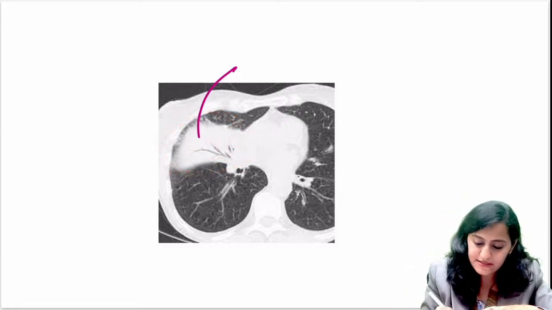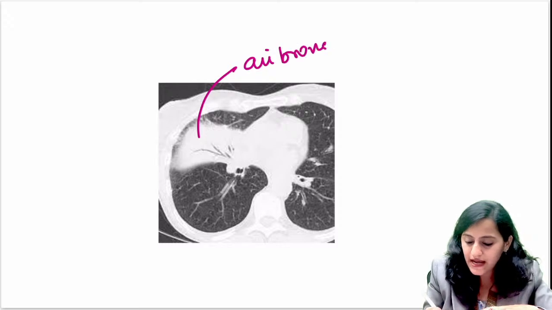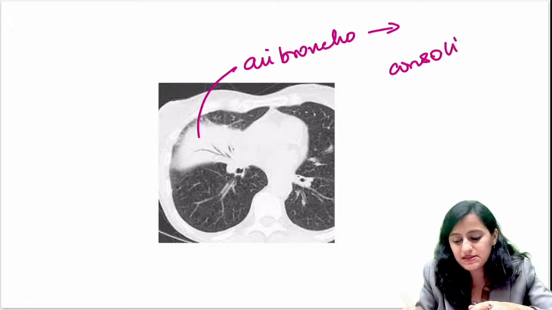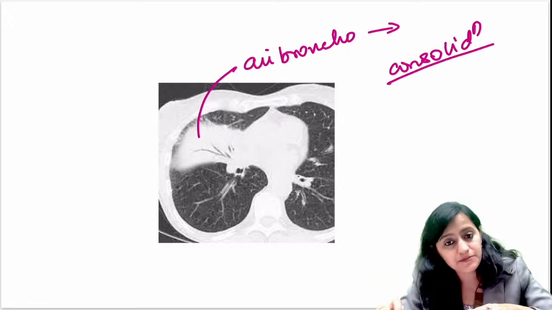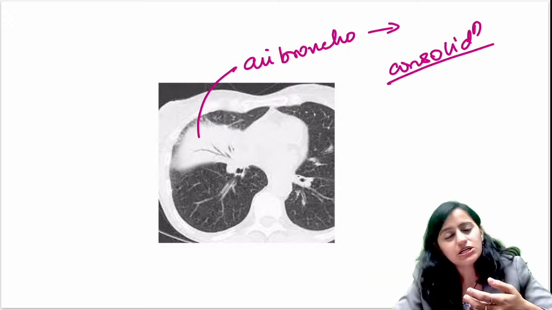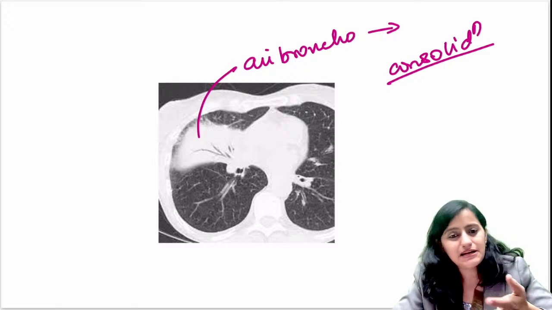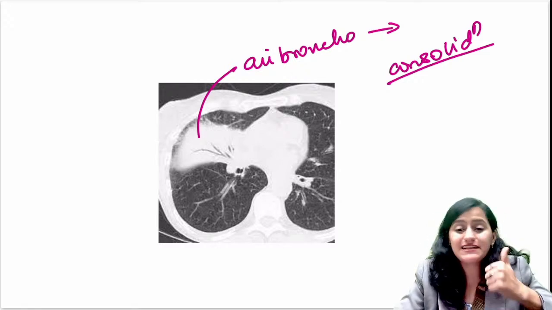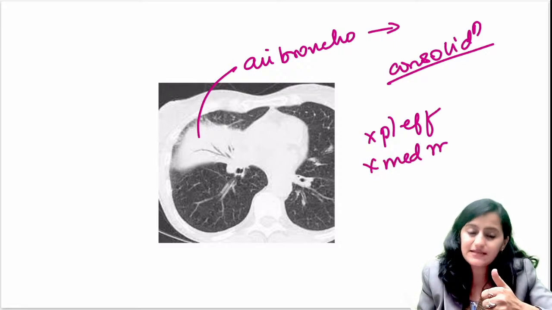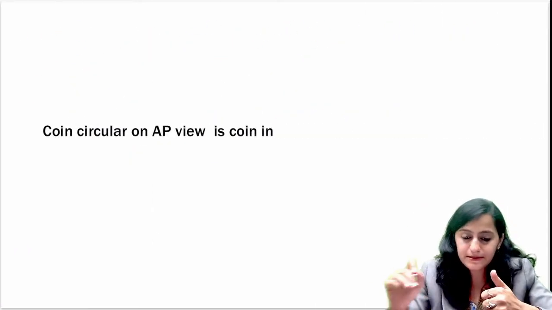So this is basically air bronchogram that you are seeing here, telling you this is intraparenchymal, this is consolidation, okay? Consolidation, pulmonary edema, pulmonary hemorrhage, right, hyaline membrane disease. There are multiple causes of air bronchogram, but it is not seen in pleural effusion. It is not seen in mediastinal mass, okay?